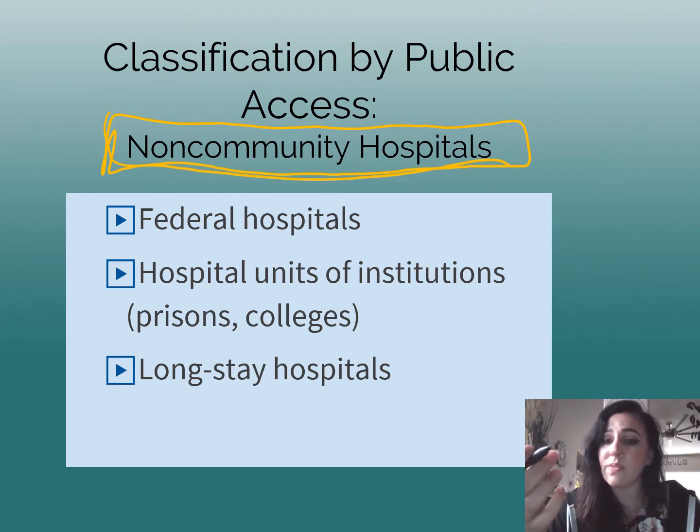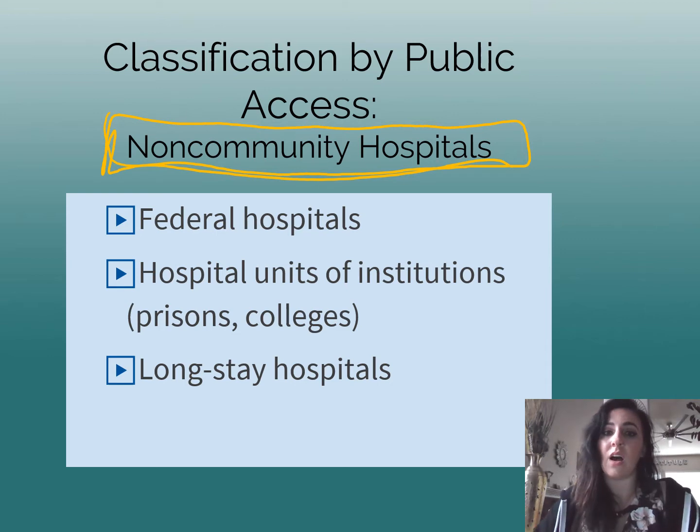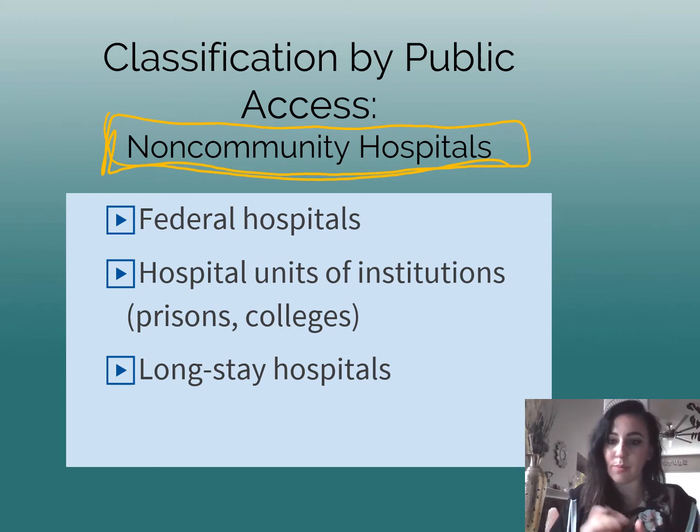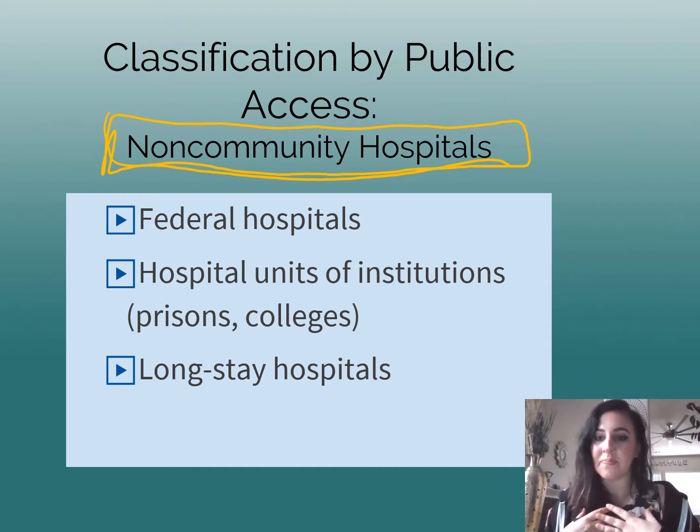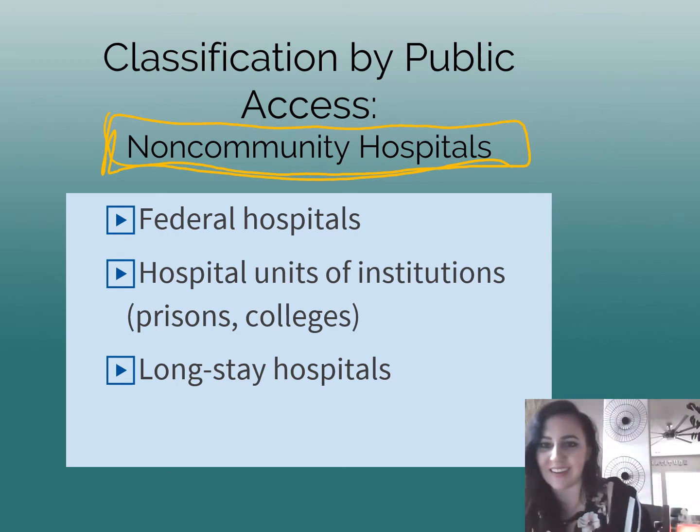But there are other facilities that are also non-community hospitals. So some of those might be hospital units of private institutions, so like private colleges and private prisons and things like that. They're not going to allow the general public to use their healthcare facilities. It's just for their students or their inmates and whatnot.